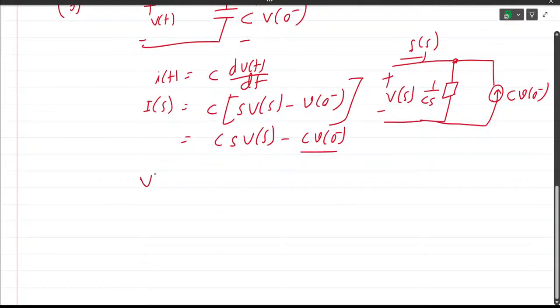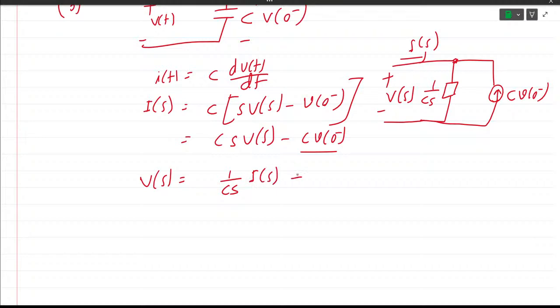Also you can write V(s) is equal to 1 upon Cs into I(s) plus V0 minus upon s.